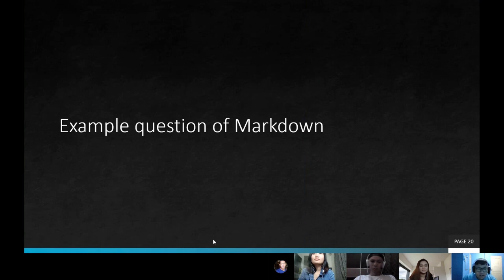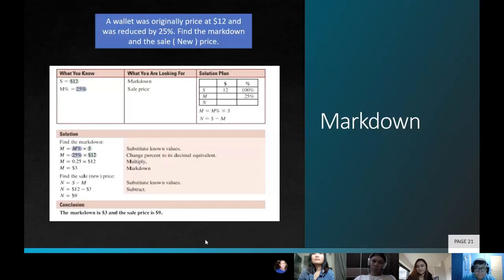Okay, Gloria. Okay, so markdown. I will show you an example question for markdown. As you can see on the slide, I already put the question there: a wallet was originally priced at $12 and was reduced by 25%.